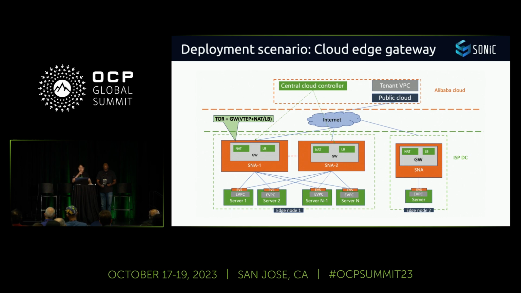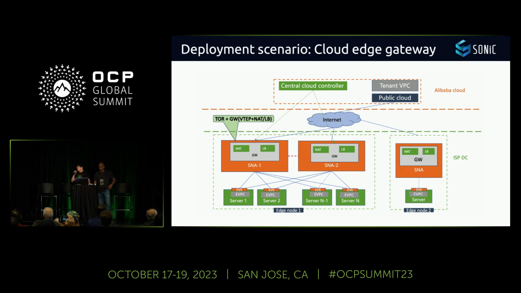For Cloud Gateway, we actually have two major roles. The first one is the Cloud Central Gateway, and the second is the Cloud Edge Gateway.